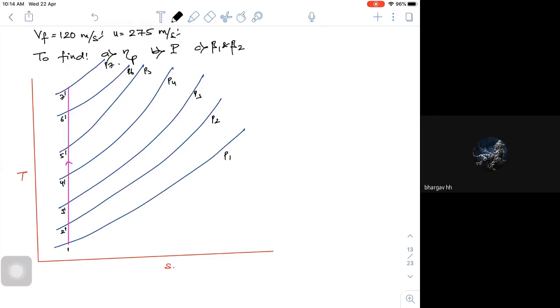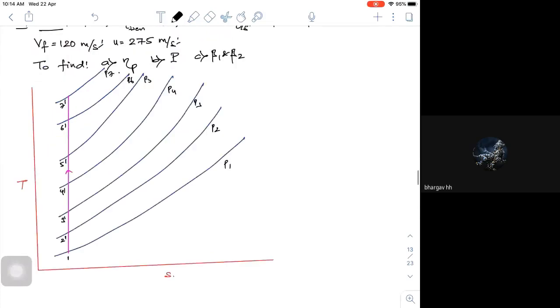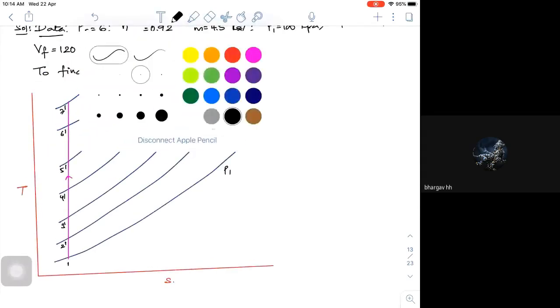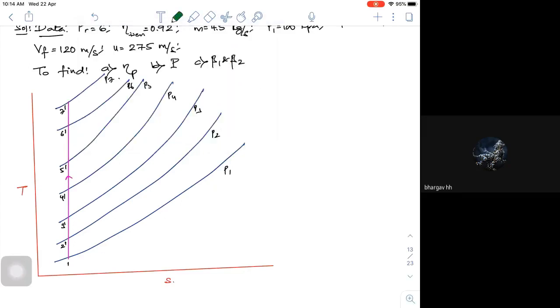Now I'm going to execute an actual compression. Let it be some green color. So this will be my actual compression.